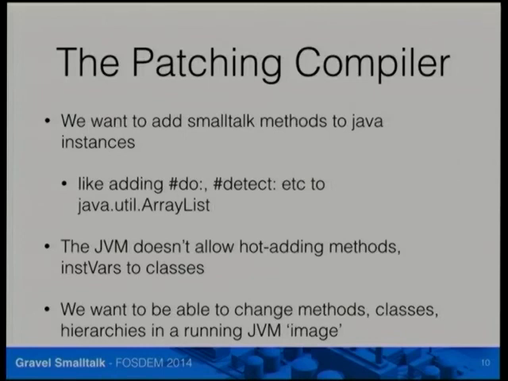And we would like to use Java objects that come out of the libraries we use, like a list that comes out of a library and enters the Smalltalk code, and we want to use that ArrayList as a real Smalltalk object. You would like to be able to use detect or select or other operations on those kinds of objects.